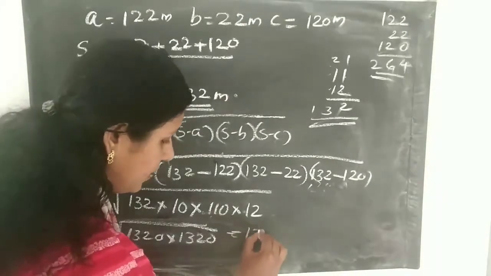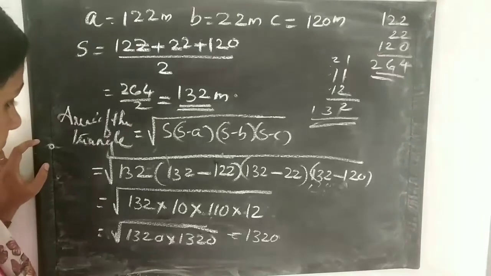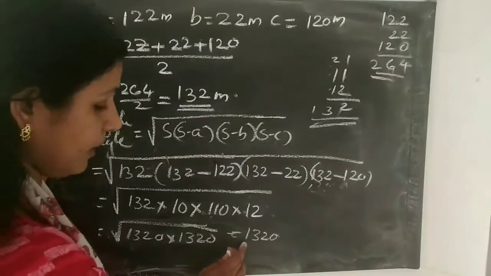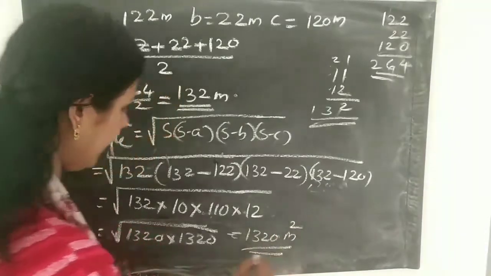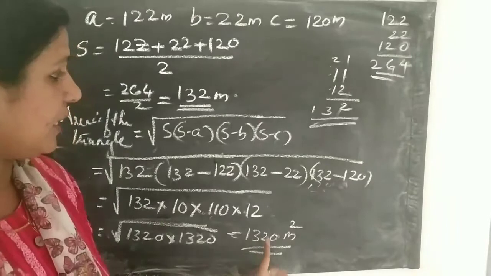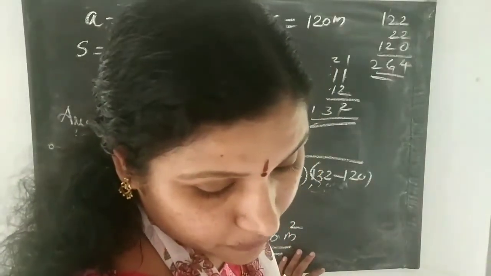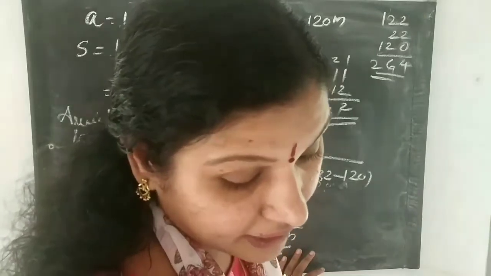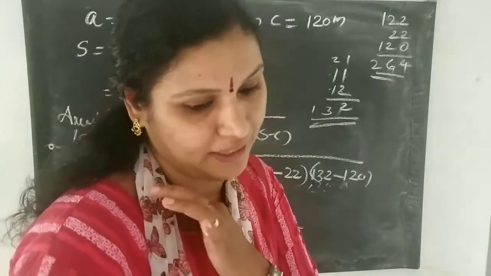The result is 1320 meter square, so we get the area as 1320. But here the question is that the advertisement yields an earning of rupees 5,000 per meter square per year.